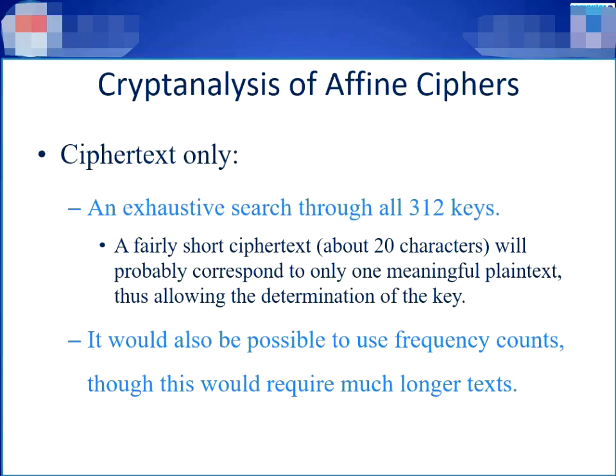Our key space is 26 choices for b multiplied by 12 choices for a, which makes 312 possible combinations of a and b. In a ciphertext only attack, an adversary has only the ciphertext. Since the key space is small enough, we can use a ciphertext only attack as we need to try only 312 possible keys.